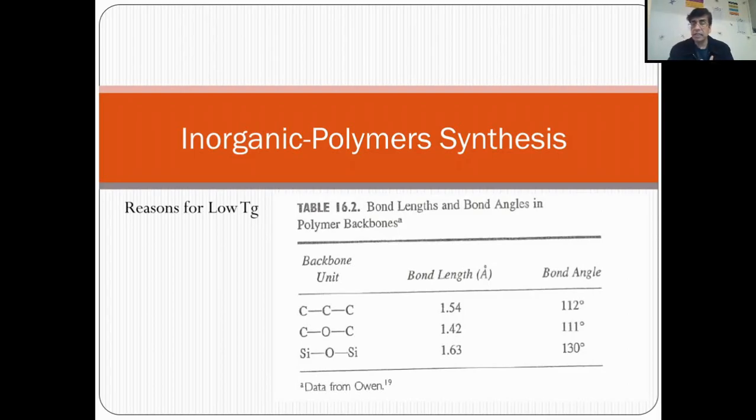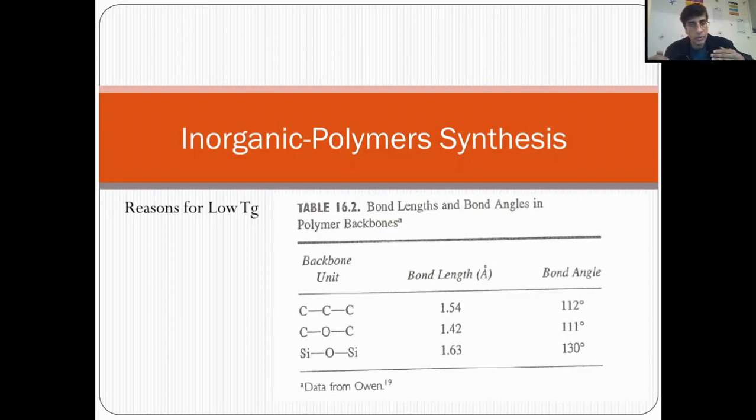Okay, and this glass transition temperature is sometimes high, sometimes low. So why does it become high and why does it become low? Now it's very simple. You have to concentrate on the definition. The definition says it is the internal segmental motion. So look at my hand here. I have two chains. If these chains start moving, right, then at that time the temperature is called glass transition temperature.